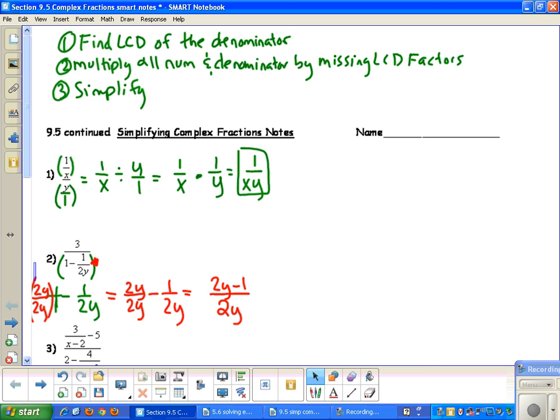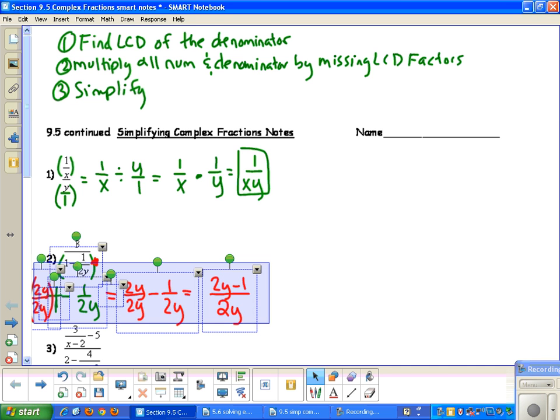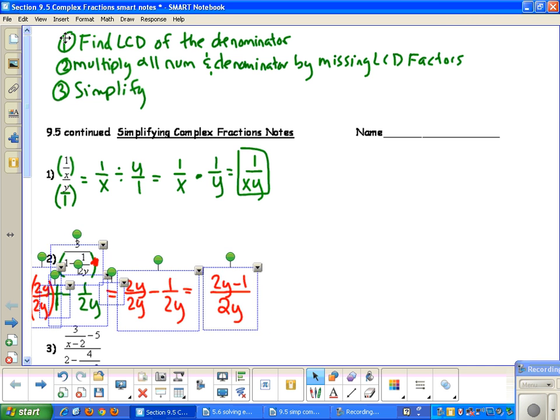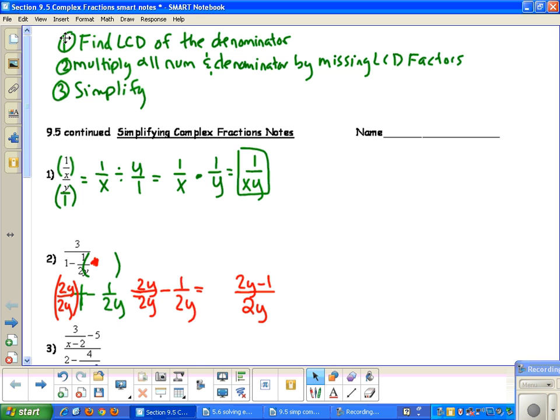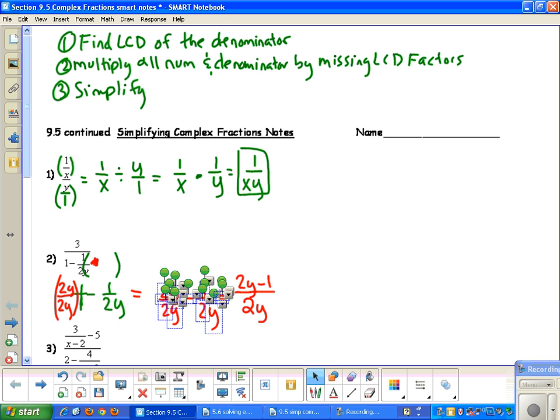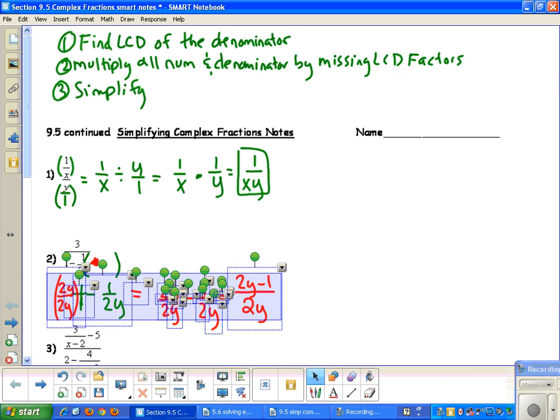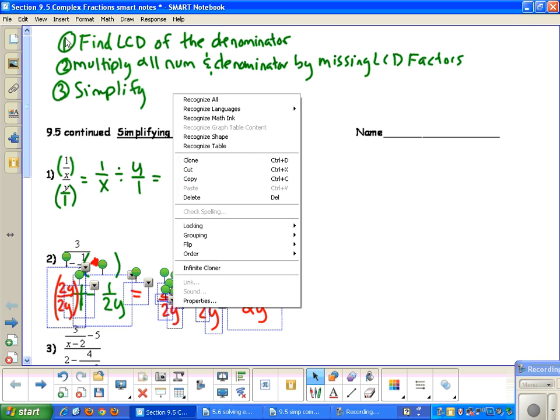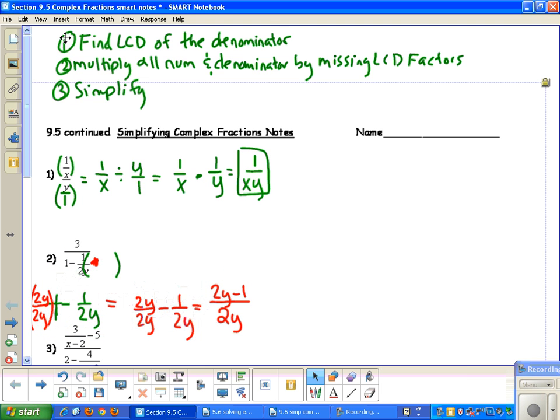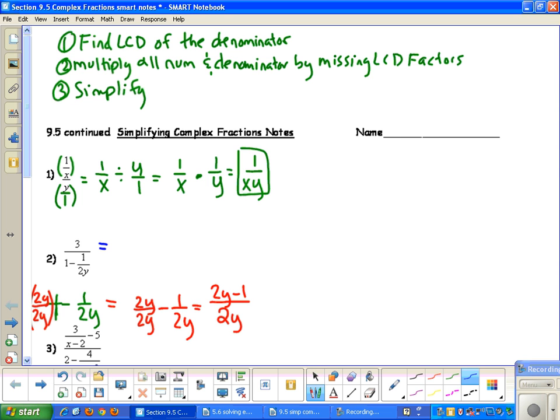So I'm going to make that a little bit smaller. I guess I can't make it smaller, but that's okay. Just move it back. Okay, so if I now rewrite this equation, I can rewrite it as 3 divided by 2y minus 1 over 2y.